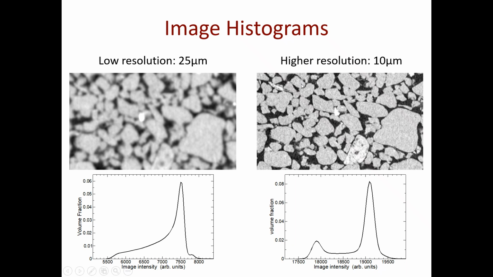So this is simply a resolution issue. I've averaged more, and my pixel size is larger, so I'm averaging more within each volume, and that will blur the difference between what is here a well-distinguished peak at the lower end and this peak at the higher end. Okay.